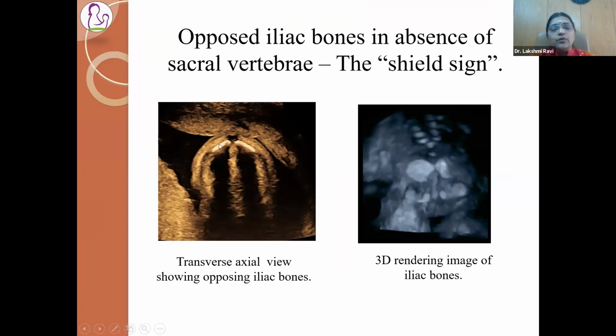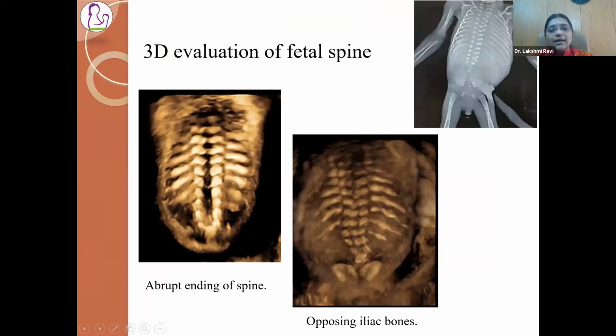So look at the iliac bones. The two iliac bones are actually opposed to each other, and this is called the shield sign in sacral agenesis, when you have absence of the sacrum. And you see nicely here, this is a rendering of the iliac bones where you see the opposing iliac bones together. And you see that this is actually T12 vertebra for you. The spine actually ends at the level of L2 itself.